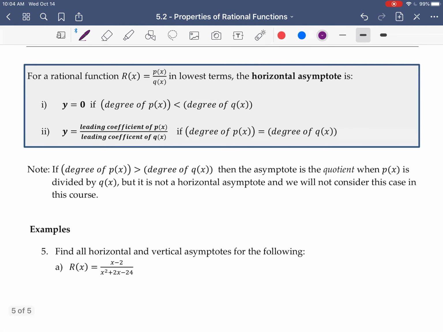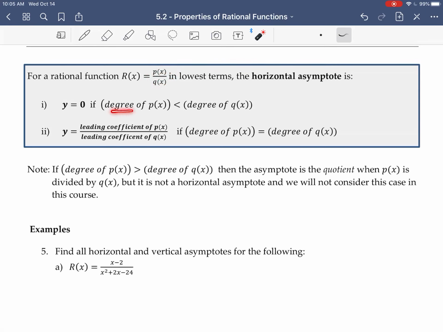So how do we find horizontal asymptotes? For rational functions, there is a rule you can memorize if you want. When you have your rational function, p(x) over q(x), in lowest terms, you can find the horizontal asymptote by comparing the degree of p versus the degree of q.